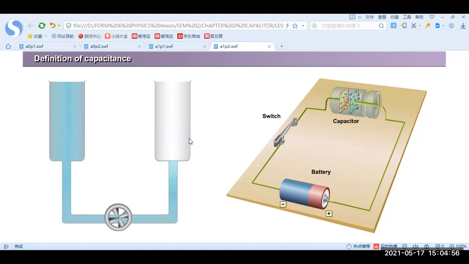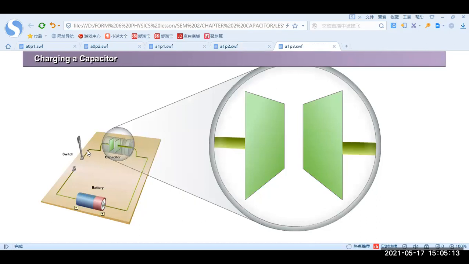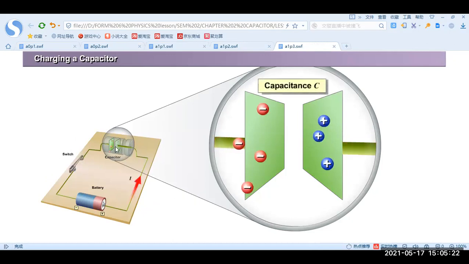Similar to the concept of pumping all of the water to the other side, we notice that when the current flows through the circuit, the charge is collected at both plates.